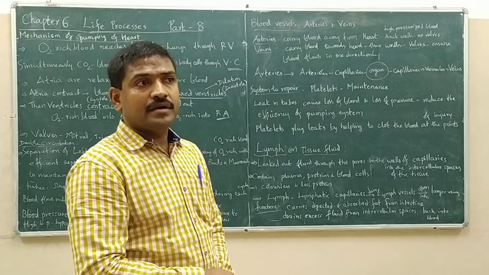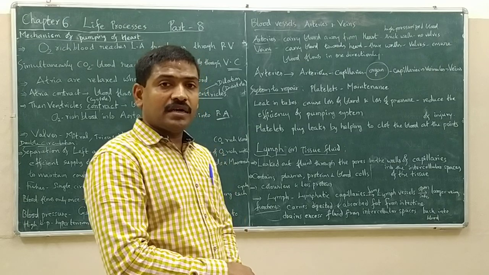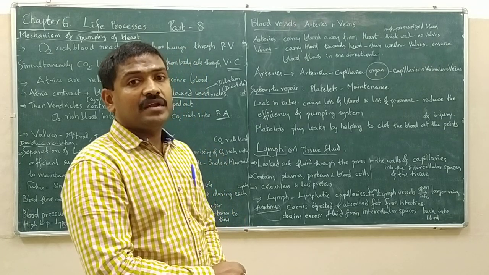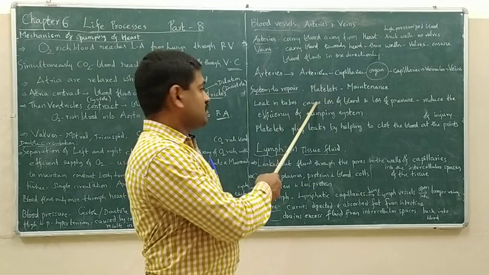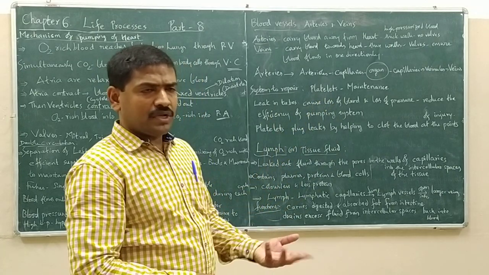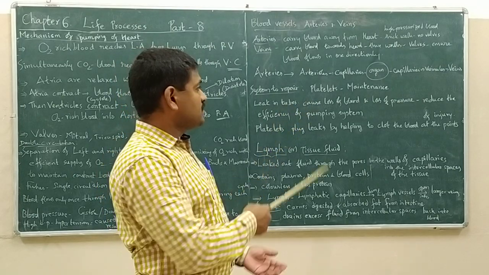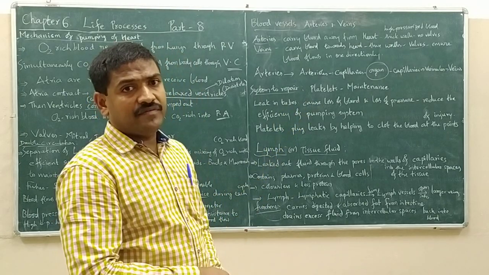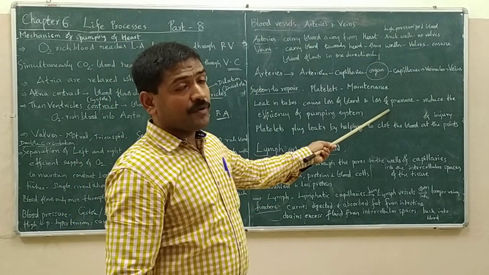Inside the blood, along with the red blood cells and white blood cells, there is another type of cells called platelets. These platelets are meant for maintenance. During some injury, there may be a leak occurring in the blood vessels. This leak may cause the loss of blood and loss of pressure.